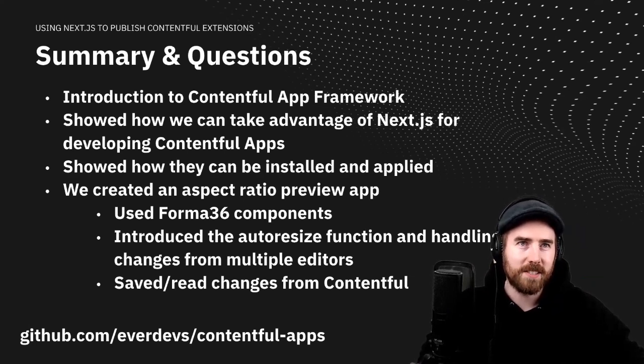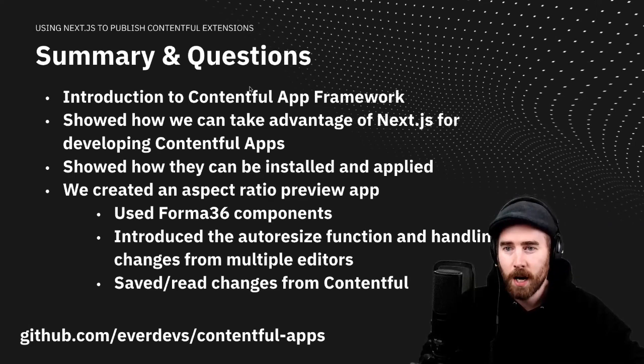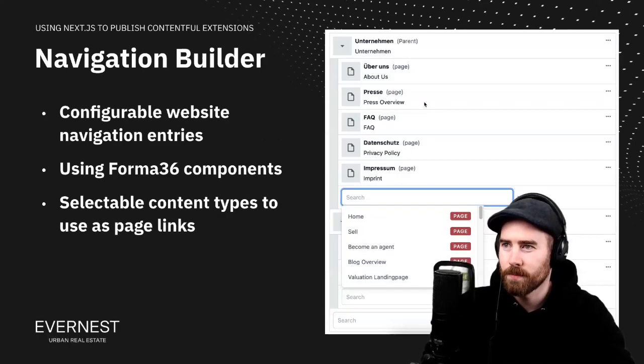So basically, that's what led us to using extensions and applications: we can make our editors' life a lot easier, and lessen their need to create bug tickets or requests for additional features, because they can take care of it more easily with the extensions that we've developed. The obvious one was this navigation.